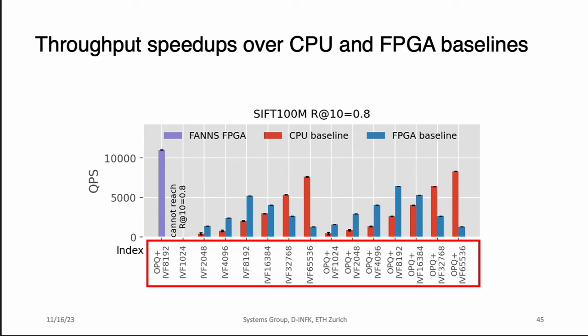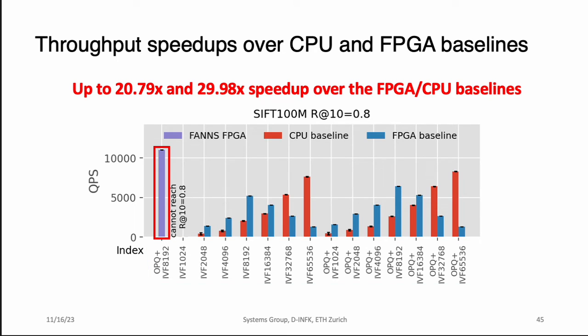On the x-axis, we not only evaluate various algorithm parameters for the FANNS design, but also the respective parameters for the baselines for CPU and FPGAs. As you can see in this figure, we achieve up to 20x and 30x speedup over the FPGA and CPU baselines respectively.